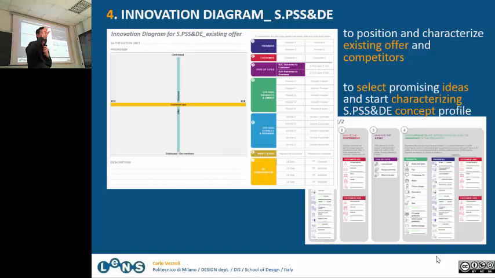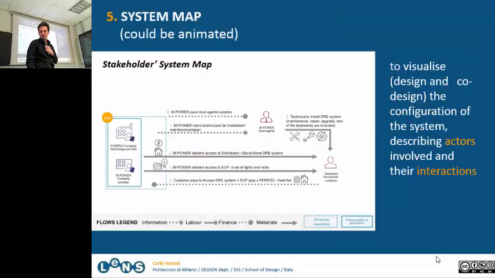We can position our company: where is our company, or if you work for a consultant company, where are you positioned in relation to business and business to consumer, in relation to distributed economy, or decentralized, or even centralized if you're over there. And then to characterize which type of offer is your type of offer.